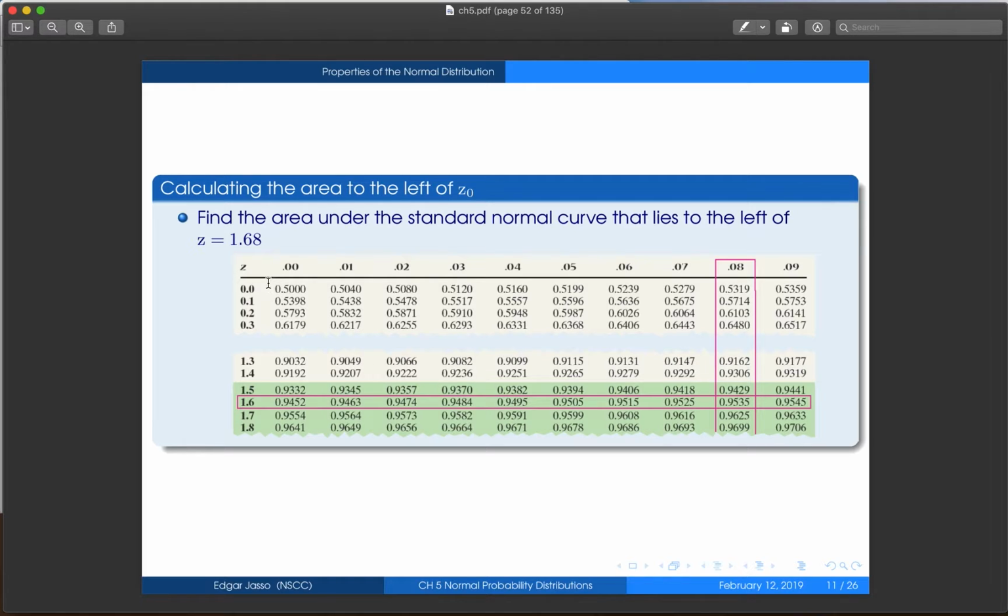You go to the column for the z values, 1.6, and this is 1.60, 1.61, 1.62, and 1.68 is this value. So it'd be 0.9535. This is not totally weird.